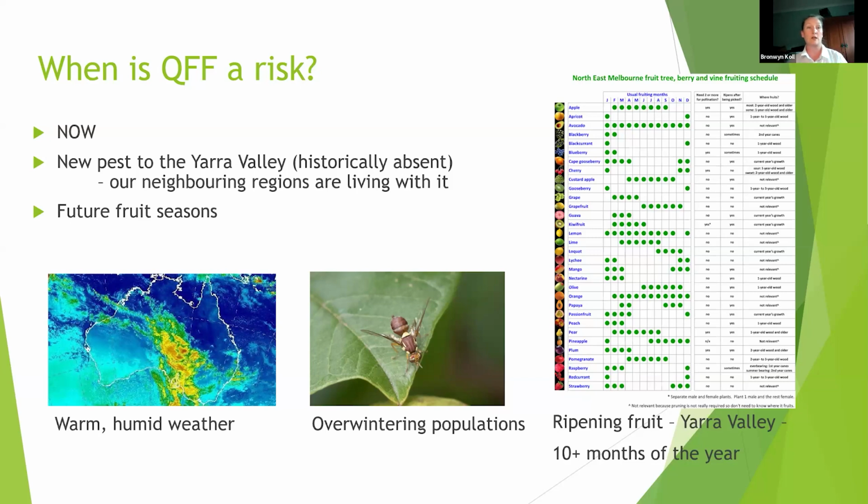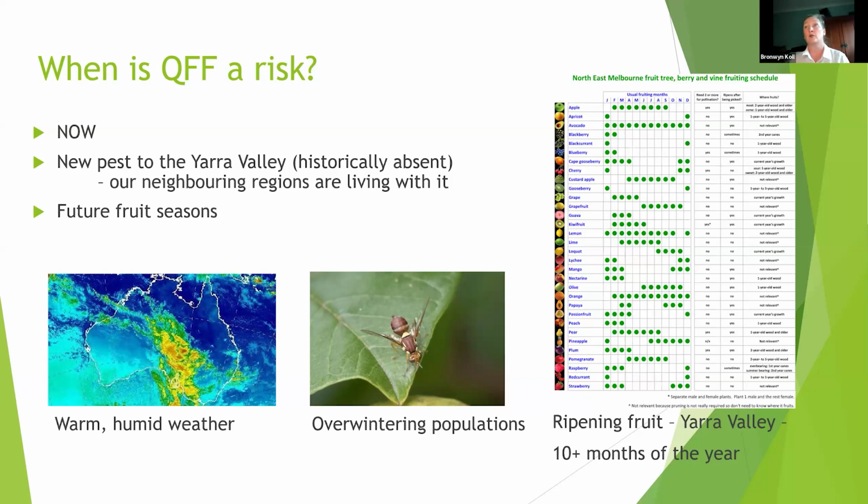And some of those things that we have to remember: warm, humid weather, ideal for fruit fly. We know that the fruit fly will overwinter as an adult fly. And we need to consider that in the Yarra Valley, we have 10, even 11, I'm pretty sure growers would like to say 12 months of the year that they have ripening fruit.